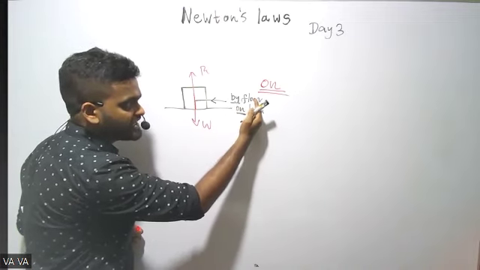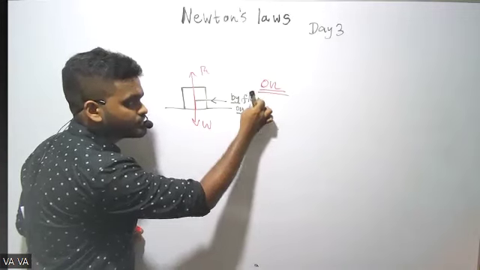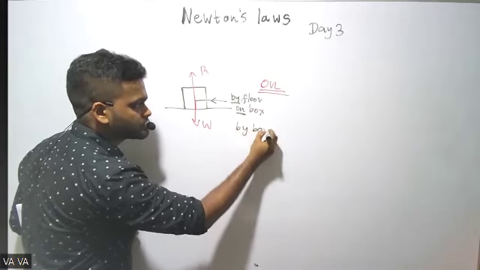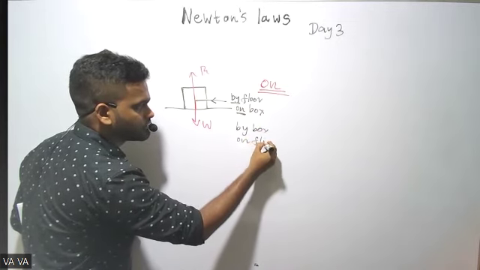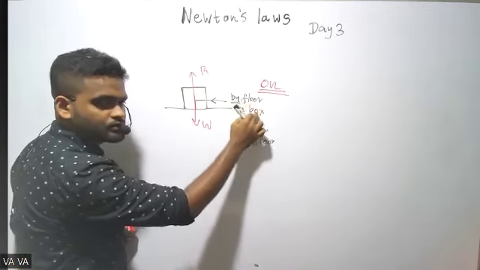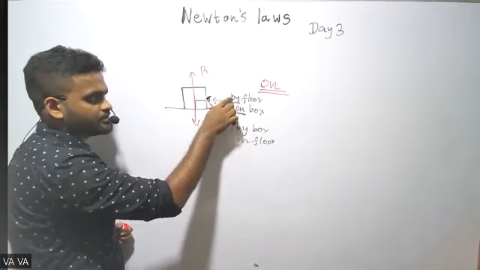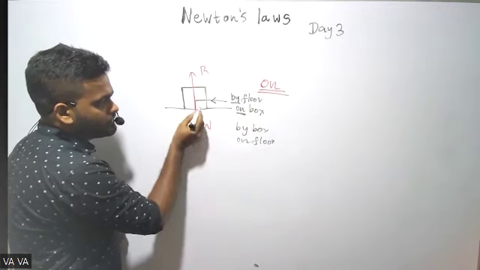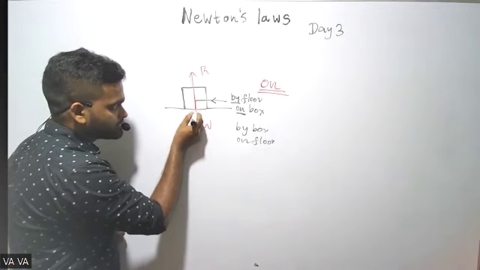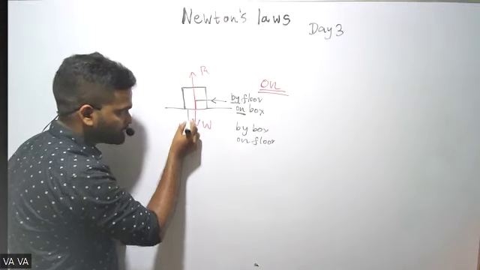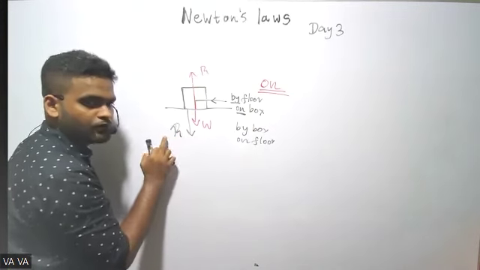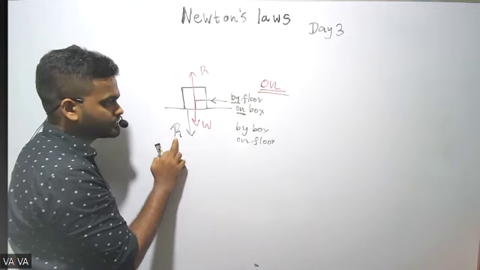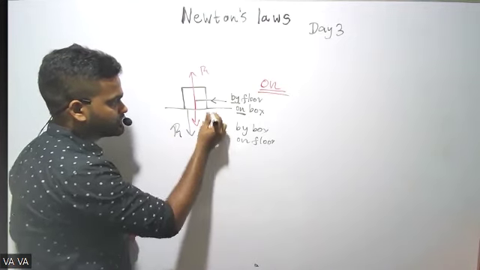You just have to change these two terms. So the reaction force should be by box on floor. You just have to change these two objects, keep the 'by' and 'on'. So that reaction force by box on floor is downwards, capital R. But we don't mention it when they ask you to draw free body diagram, right? This is the reaction force.